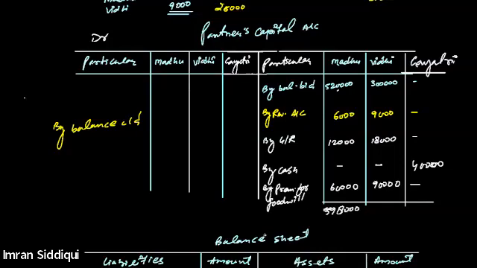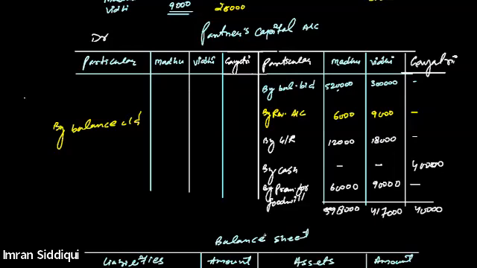For Vidhi, it will be 3 plus 9 plus 18 plus 90. 90 plus 18 will be 108, plus 9 is 118, so that means 4,17,000. And for Gayatri, 4 lakh only.